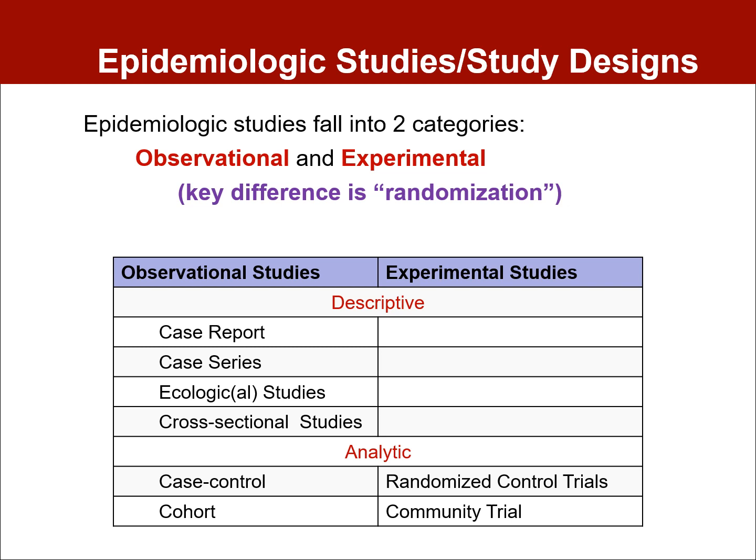The key difference between both is that the investigator or researcher has the ability to control what happens in the research environment, meaning he or she can manipulate variables, and this includes the ability to randomize. So one of the key differences between observational and experimental is that the investigator does have the ability to randomize in that setting.